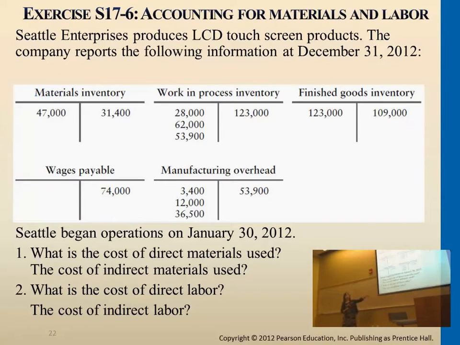So for direct materials used would be crediting this amount in total, but remember we assign direct materials to work in process, and we assign indirect materials to manufacturing overhead. So meaning that altogether we reduce materials inventory, but we have to understand how much belongs to direct, how much belongs to indirect, and how do we get that?